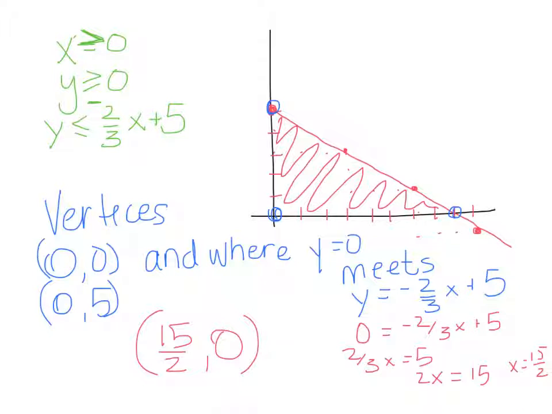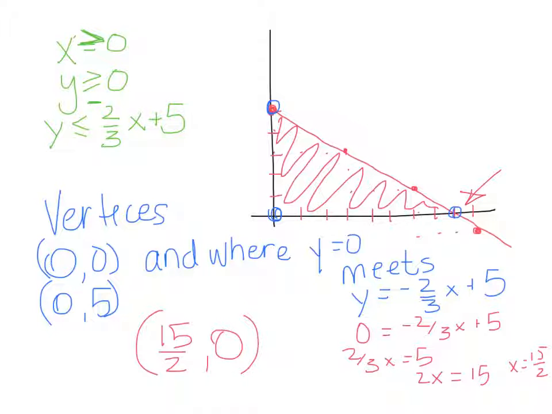Okay, my answer is 0, 0, 0, 5. And my last point, 15/2, 0. I'm not quite sure what I did wrong with my graph. I was tempted to say, ooh, there's the answer right there, but I thought I would double check, just in case it's not an accurate graph, which it wasn't, to find out where exactly the lines meet.